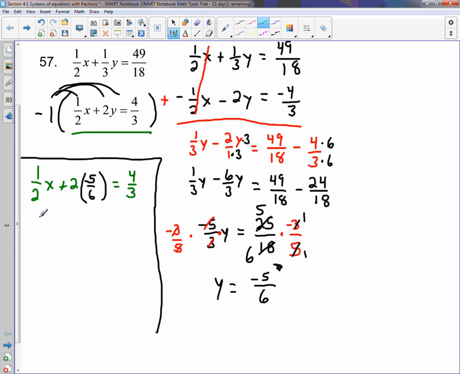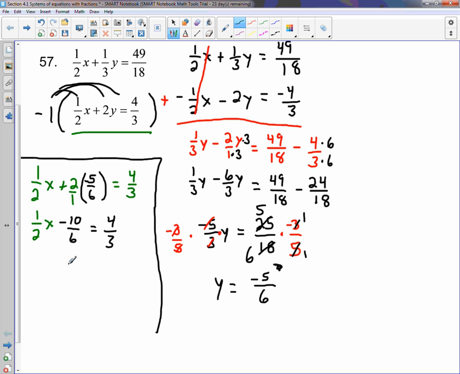So we go ahead and multiply. We get 1/2 x equals 2 times -5. Remember, this is 2 over 1. Sorry, that should be a plus there. So 2 times -5 is a -10 over 6 equals 4/3.